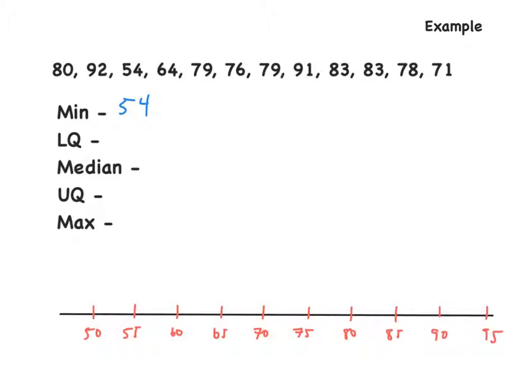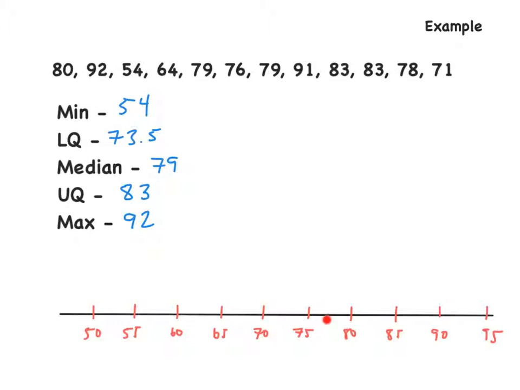They are 54, 73.5, 79 is the median, upper quartile is 83, and the max is 92. So we found those.